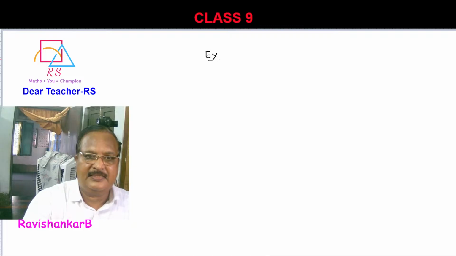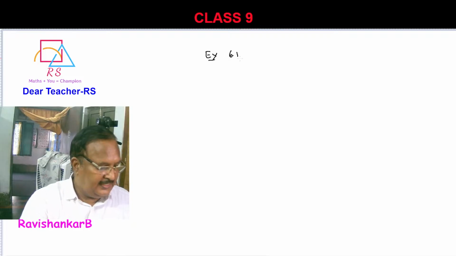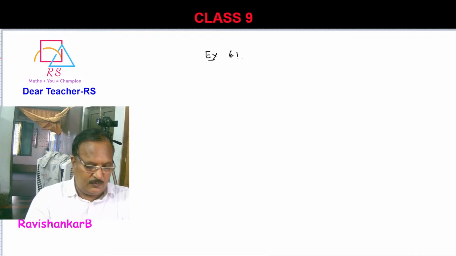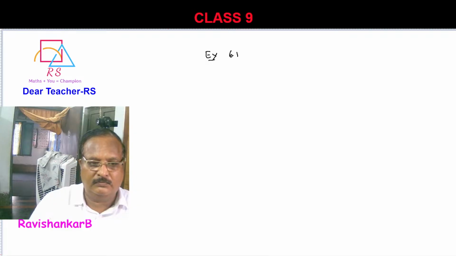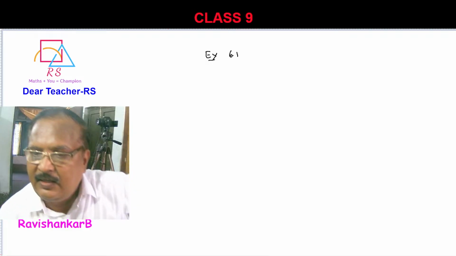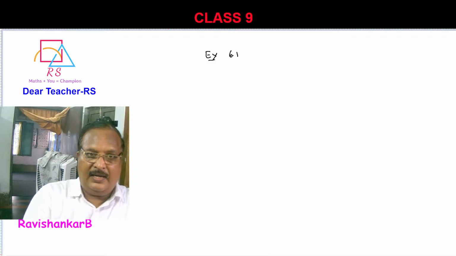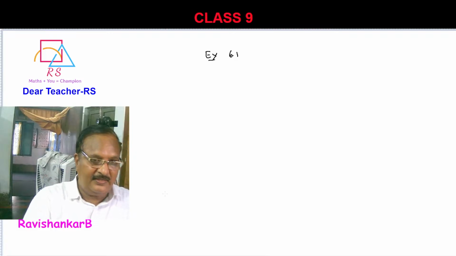Exercise 6.1 is completely related to the problems which I have explained just now, based on linear pair axiom and also vertically opposite angles are equal. So let us do the questions one by one.